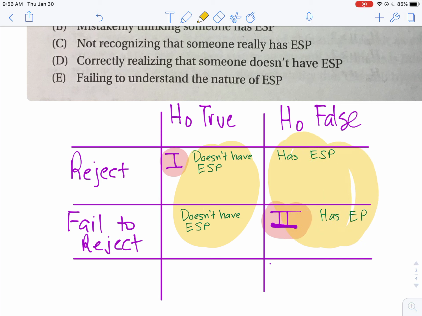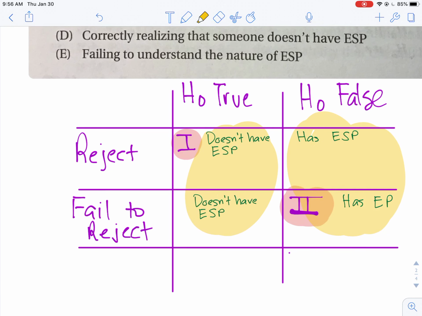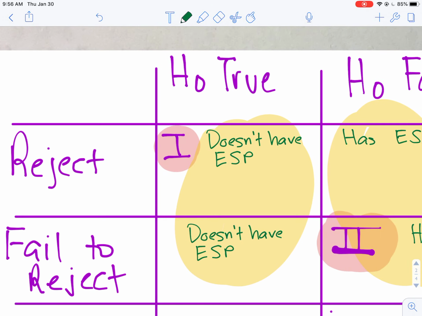Now we're going to view it a little bit further, because we're going to look at it in the course of rejecting. So if we reject the null when the null is true, that's type 1, not type 2. So we go here, right? This means the person doesn't have ESP, and the null is true, and we reject it.